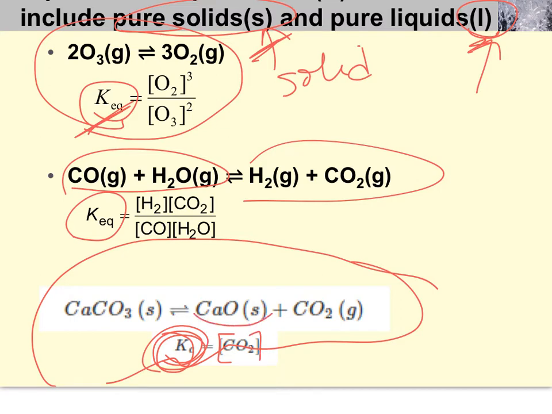So what happened to the concentration of calcium oxide and the concentration of calcium carbonate? Notice calcium carbonate and calcium oxide are both solids, as designated by this S. Those concentrations don't change, so they are not part of the equilibrium expression.